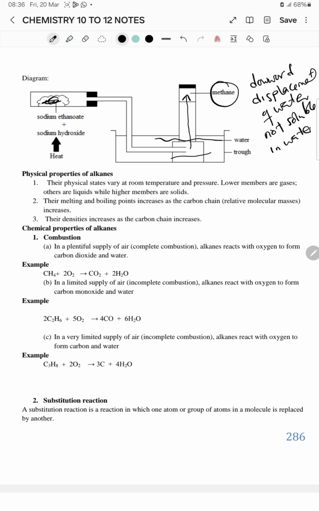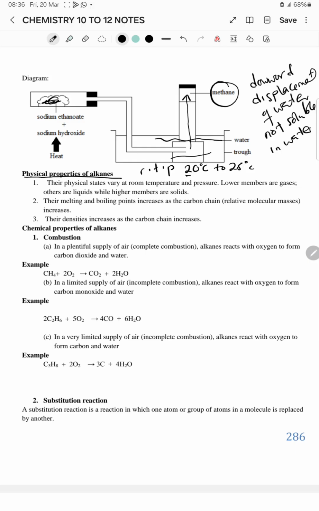We now go to physical properties of alkanes. So we're going to say that their physical states vary at room temperature and pressure. Remember that room temperature and pressure is a temperature that ranges from 20 degrees Celsius to 25 degrees Celsius.